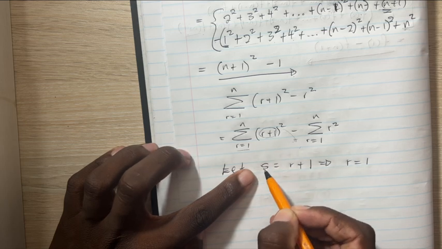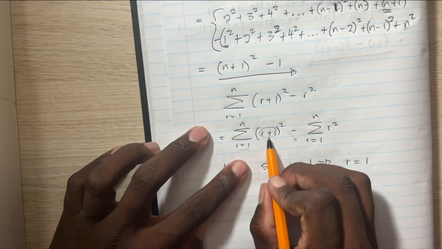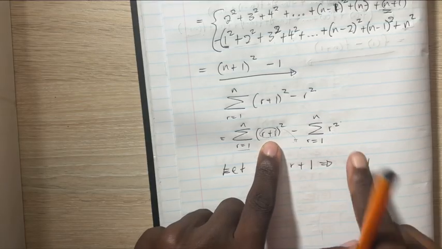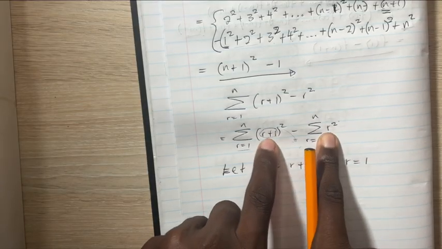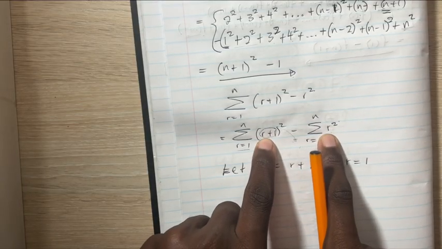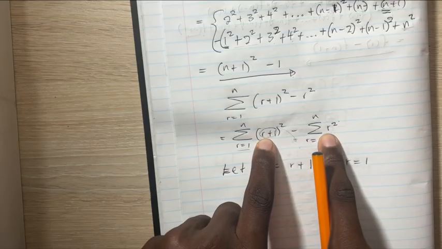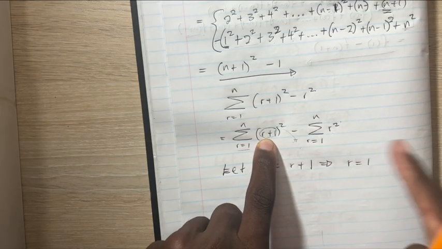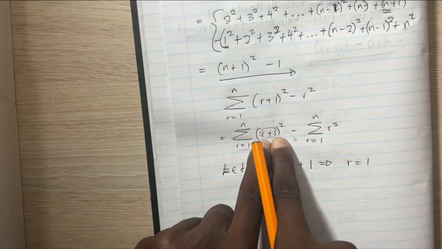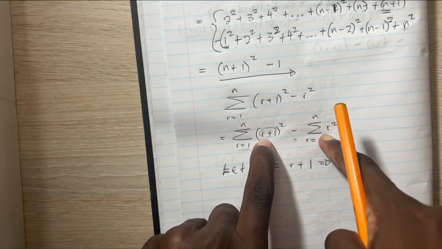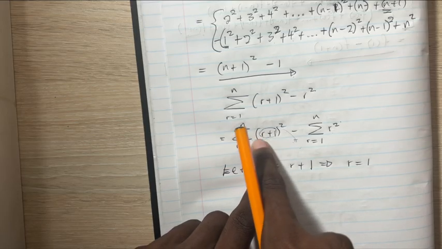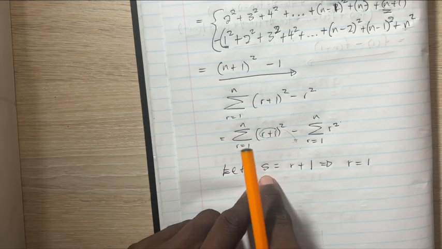I want that value to be s. Because if I put that value here, that means I have s squared, and here I have r squared, which looks very similar. S is a dummy variable, and r is a dummy variable. So since I'm going to be substituting numbers here, substituting 1, 2, 3, and so on, s squared would be exactly the same as r squared. That's why I'm trying to get this r plus 1 to be defined as s.